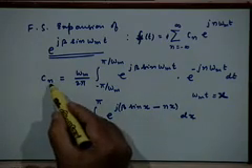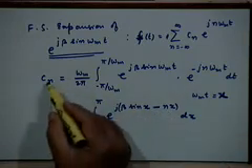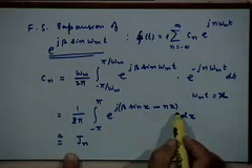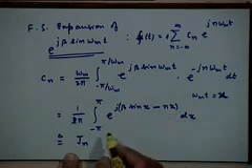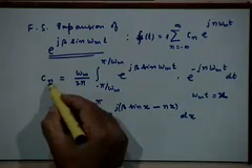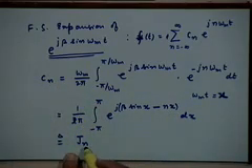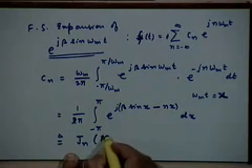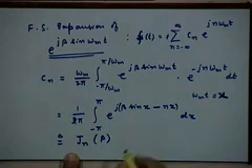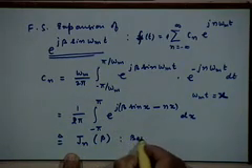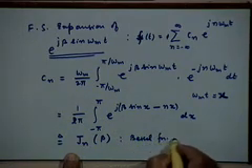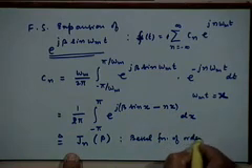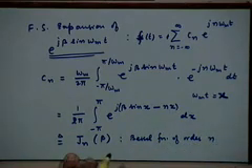The dependence on n is already displayed here. c sub n is equal to this, right? The only other parameter left is beta. So this is called the Bessel function of order n with argument equal to beta.